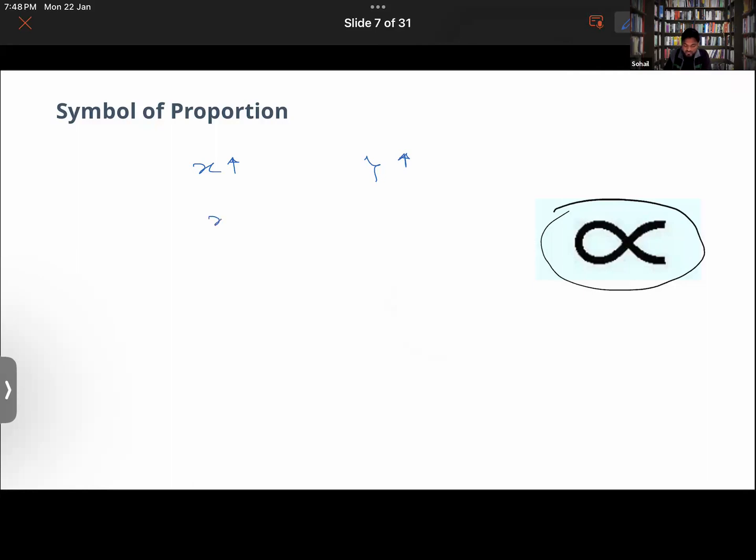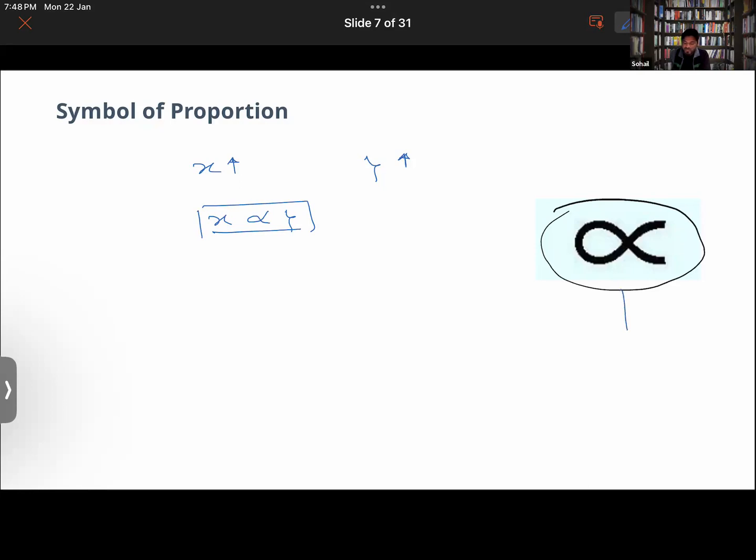So we write this in the form x proportional to y. Is that clear to everyone? So that is the symbol of proportion. When two quantities x and y are in proportion, they are written as x proportional to y. Getting it or not?